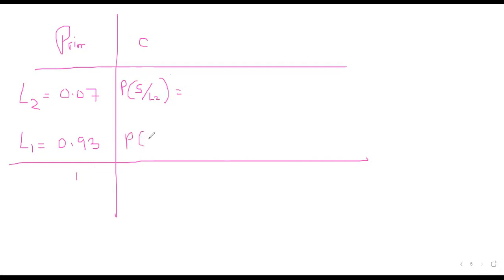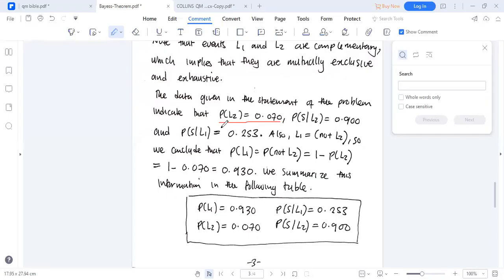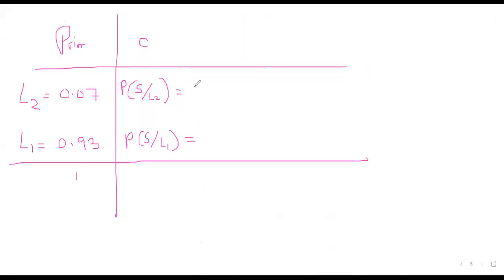We also have a smoker who has no lung disease. L2, L1 there. What data were we given? A smoker with a lung disease: 90%. All right, and a smoker with no lung disease, 25.3%. And I said conditional probabilities do not always add up to 1. So we don't need this total here. It's not always adding up to 1. At this point, are we together?